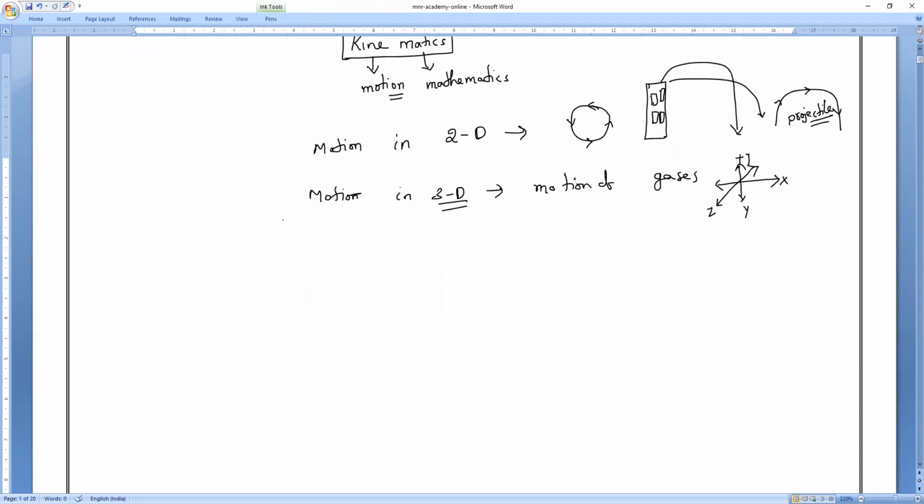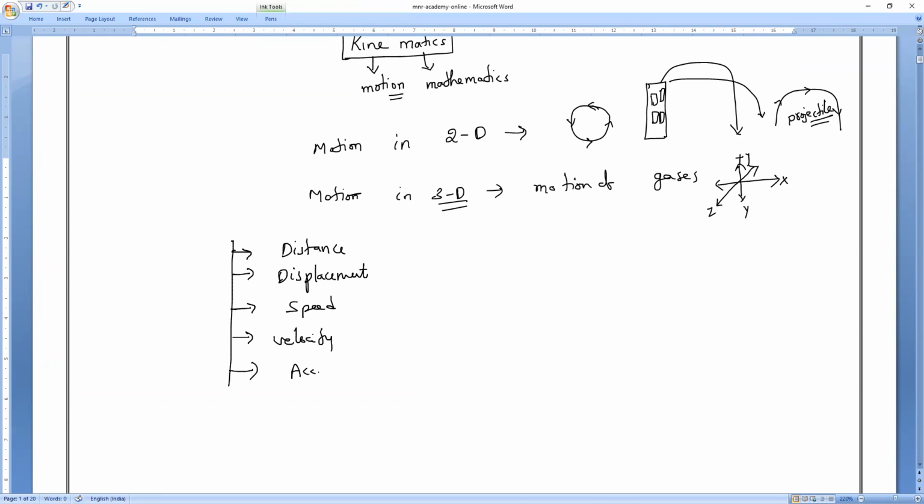Basically, all these things: motion in one dimension, like the distance covered by the body, the displacement of the body, similar to ninth class. Majority of the things will be like ninth class. What is the speed of the body? What is the velocity of the body?